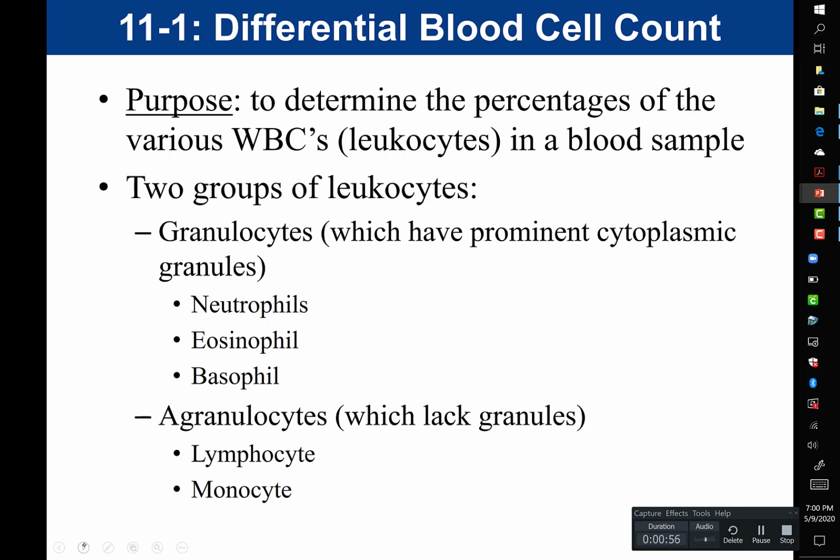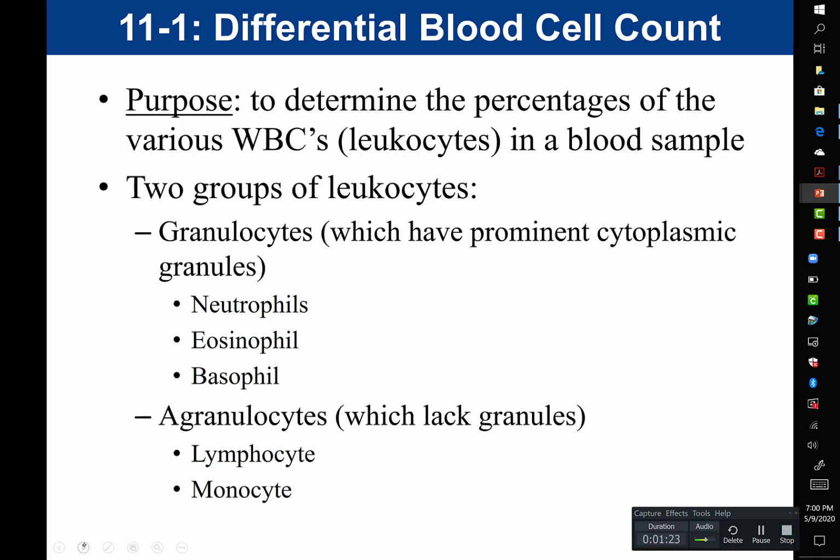And so it's a way to look at the relative proportion of particular types of white blood cells. So when we talk about leukocytes or white blood cells, they can be broken down into two categories. One category is referred to as granulocytes. And granulocytes have prominent cytoplasmic granules. So they have these distinct little granules within their cytoplasm that do a variety of things.